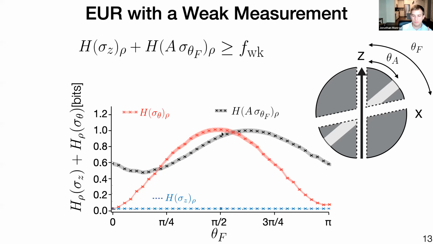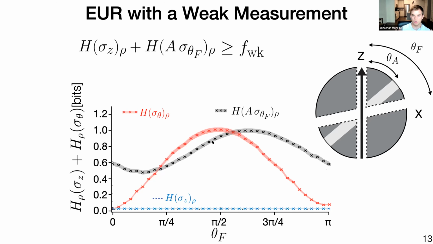Okay, so let me draw your attention to this middle point here, where we can compare the entropy of the strong case in the measurement configuration where we've prepared Z and measure X, and then the case where we prepare Z, weakly measure, and then measure X. In this case, the relative entropy of just the strong measurement, again with this weak measurement entropy subtracted off, has decreased the uncertainty in that sigma X measurement.